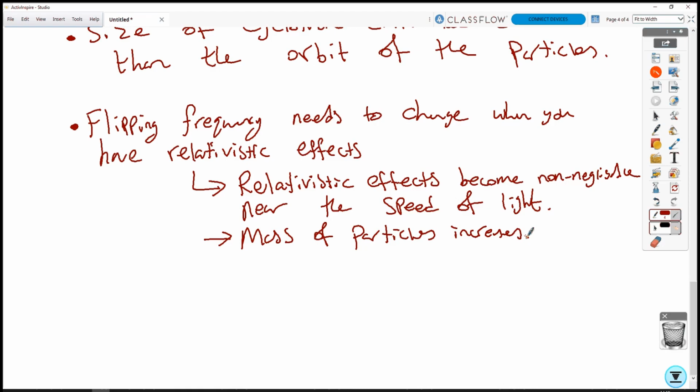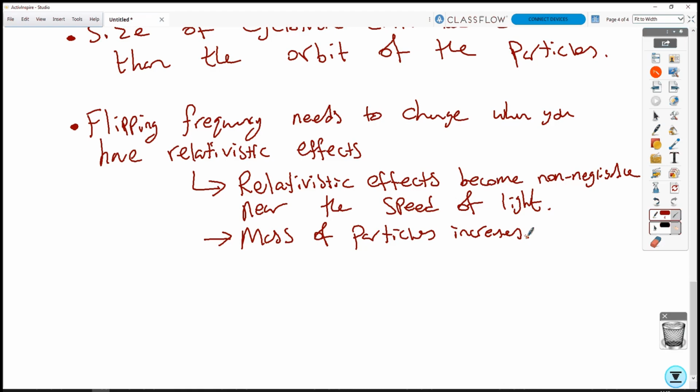It's going to be quite difficult to synchronize that change of frequency according to the particle that you're trying to accelerate. It's very easy to accelerate if you can keep everything constant and just fire the particle and let it go. But now when you consider relativity, then it becomes a bit more complicated.